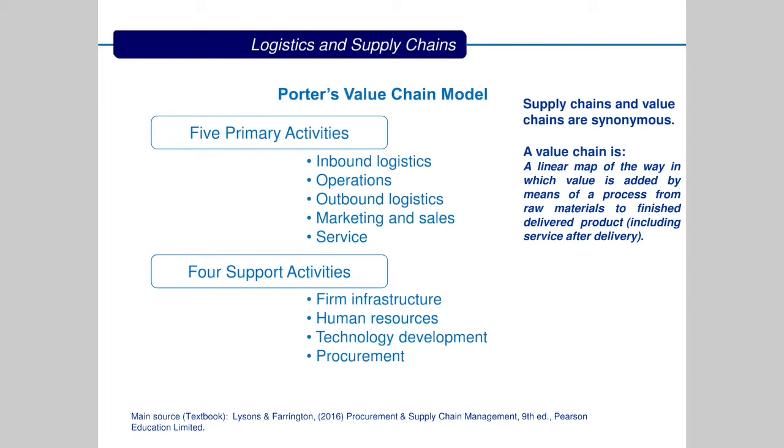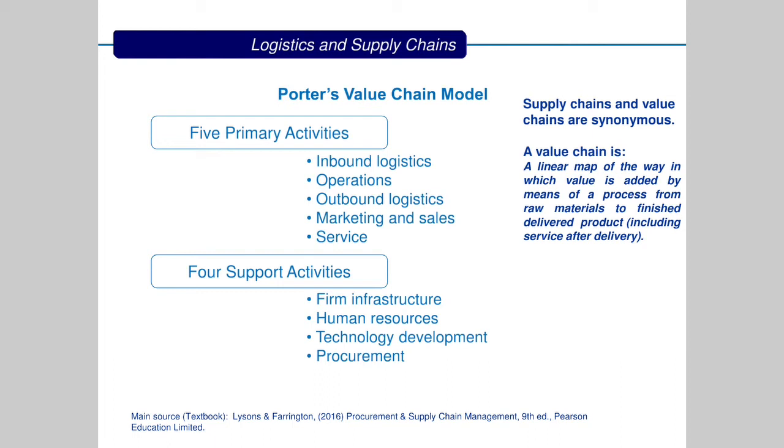So now let us come back to Porter's value chain model. Porter's value chain model talks about two types of activities: primary activities and support activities. Primary activities are those directly related to the manufacturing of products and services, and support activities are those which support the primary activities.